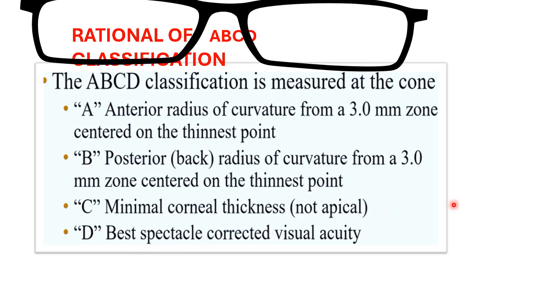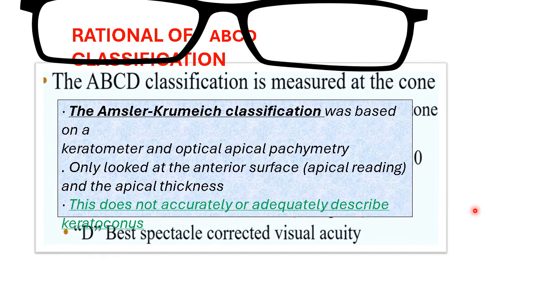Now, the ABCD classification addresses all the queries and problems that doctors faced with the previous classification, the Amsler-Krumeich classification, because that classification was mainly based on the keratometry and the apical pachymetry.